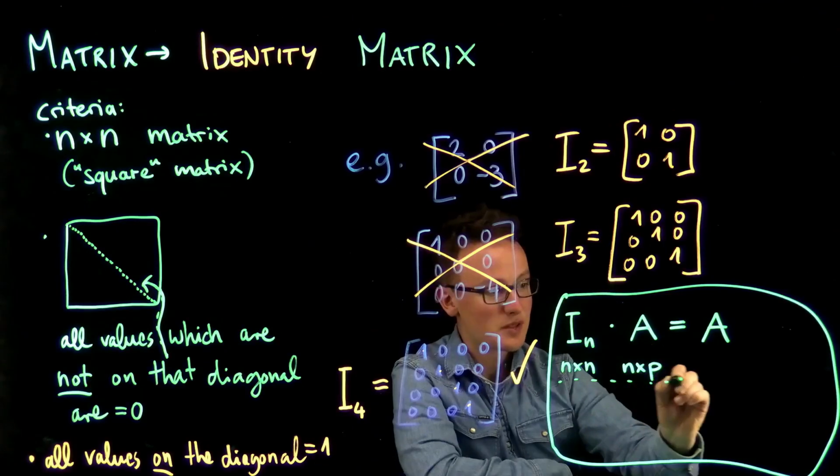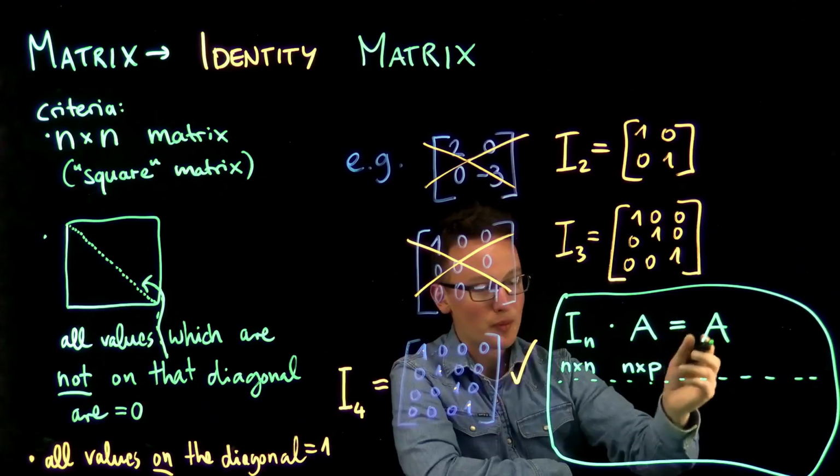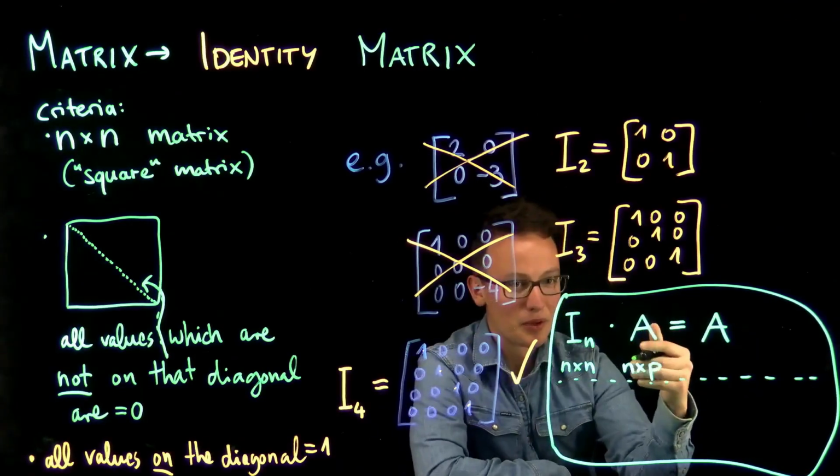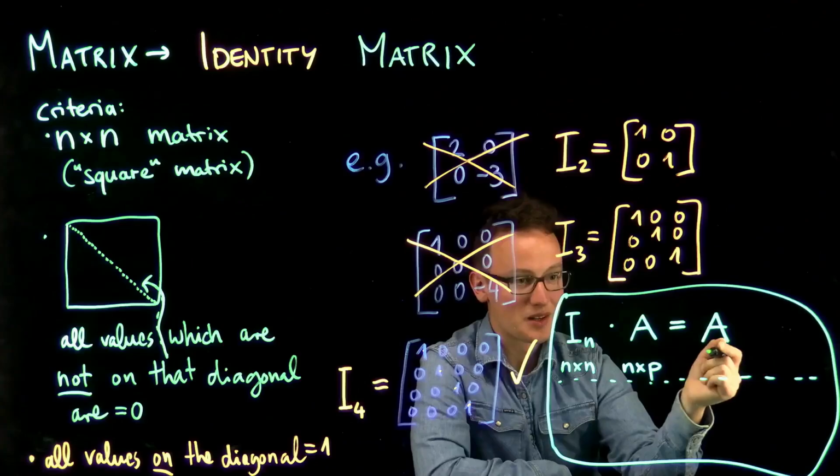So under matrix multiplication, if we multiply something with the identity matrix, it will stay the same. It's like multiplying a number by 1, it doesn't change the result.